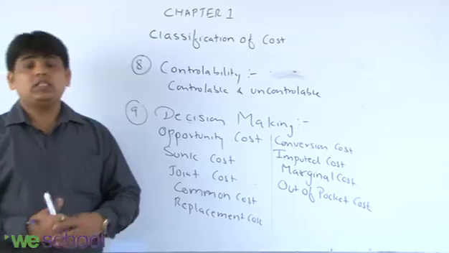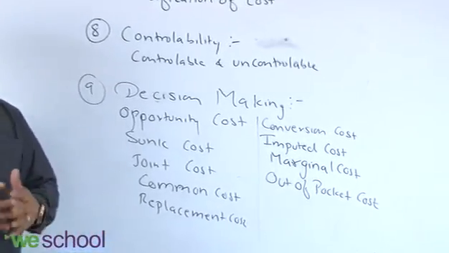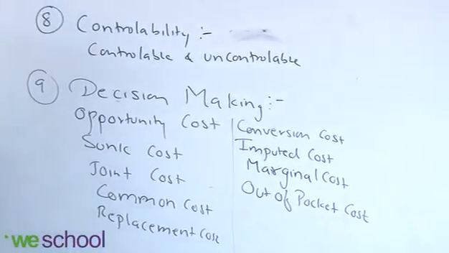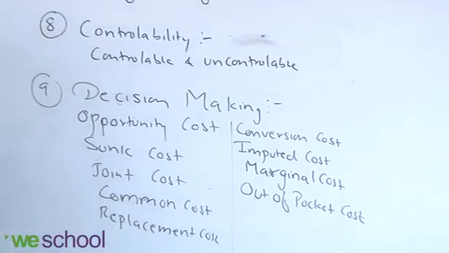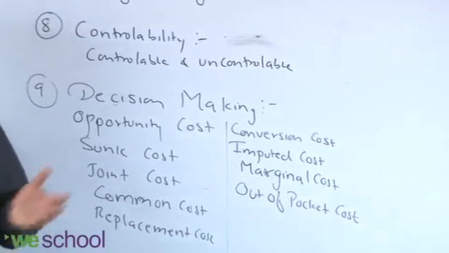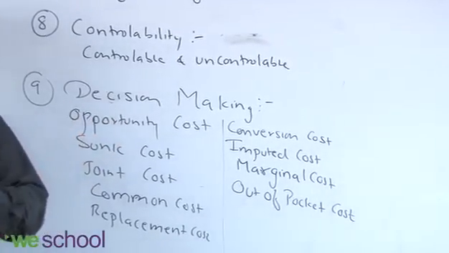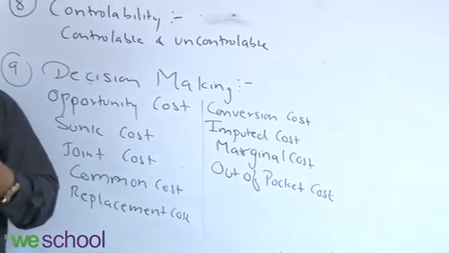Sunk cost. Sunk cost means, because of development, I changed my typewriter to an electronic typewriter. First I spent, suppose, 2000 rupees on the electronic typewriter. After a certain period, say 1 or 2 months or 1 year, there is a new revolution in typing technology, so I got an electronic typewriter for 2 lakhs.